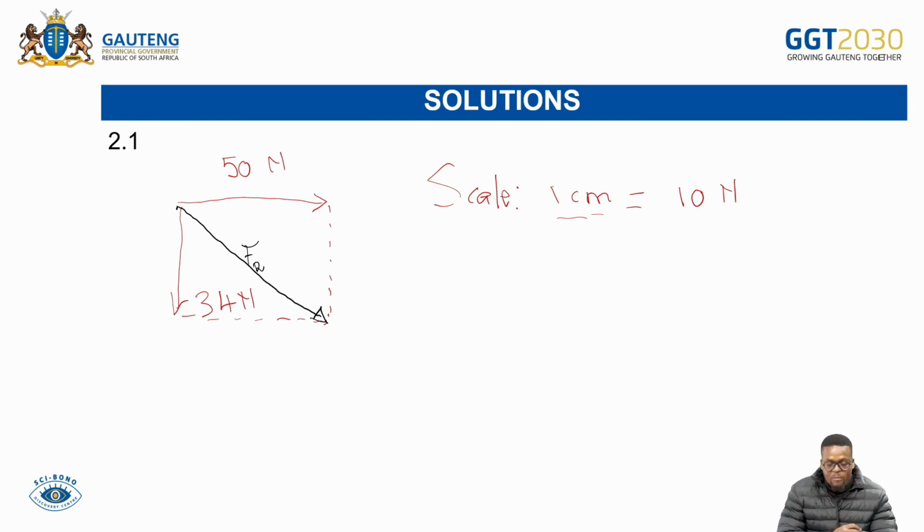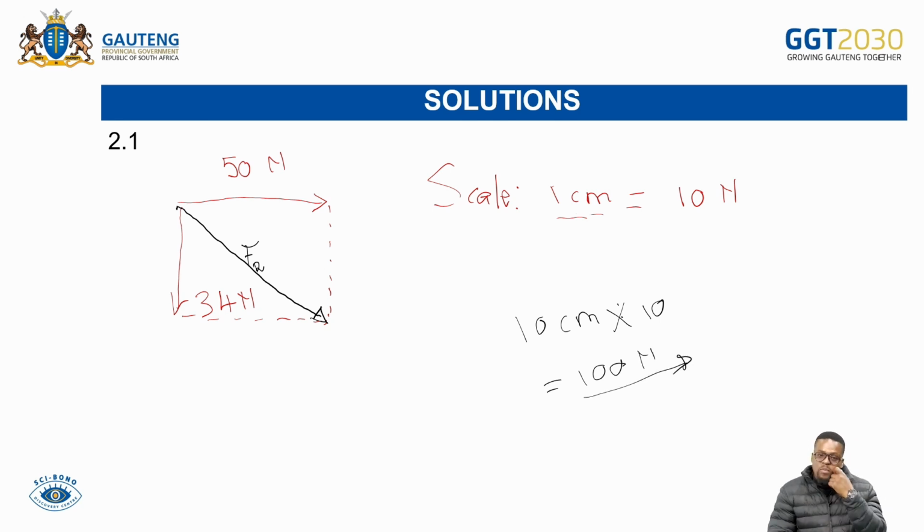You are measuring how many centimeters the line represents. So if it represents, let's say 10 centimeters, then the resultant will be equal to 10 centimeters multiplied by 10 newtons, which gives you 100 newtons, right? So this will be 100 newtons.